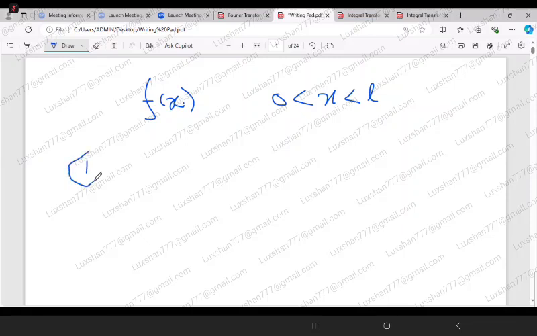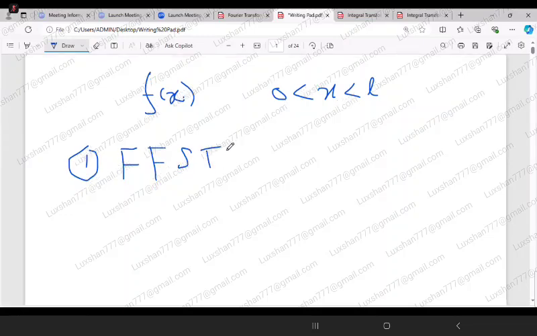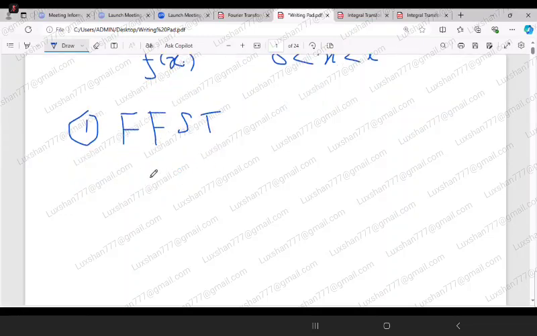The first one we call the finite Fourier sine transform. How is it defined?